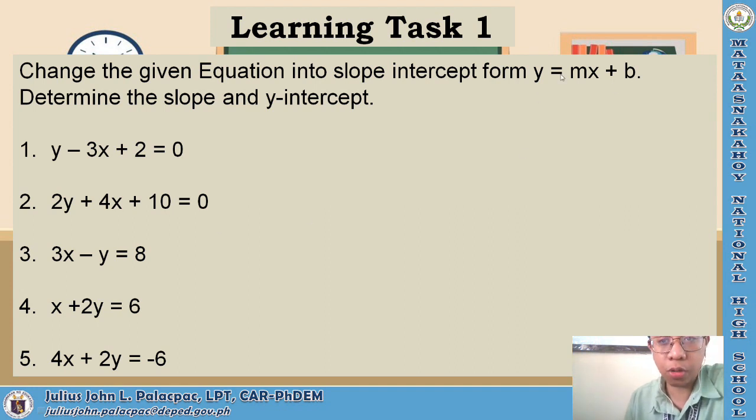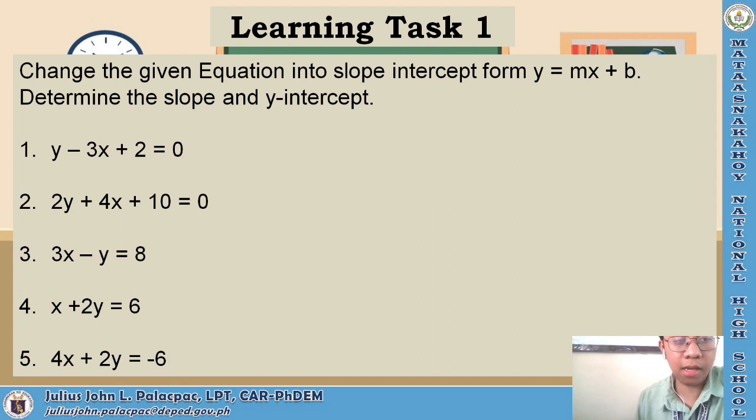So our slope-intercept form is y is equal to mx plus b. But our answer in number 3 is negative y is equal to negative 3x plus 8. So we will eliminate the negative sign on y. How do we simplify negative y? Correct.